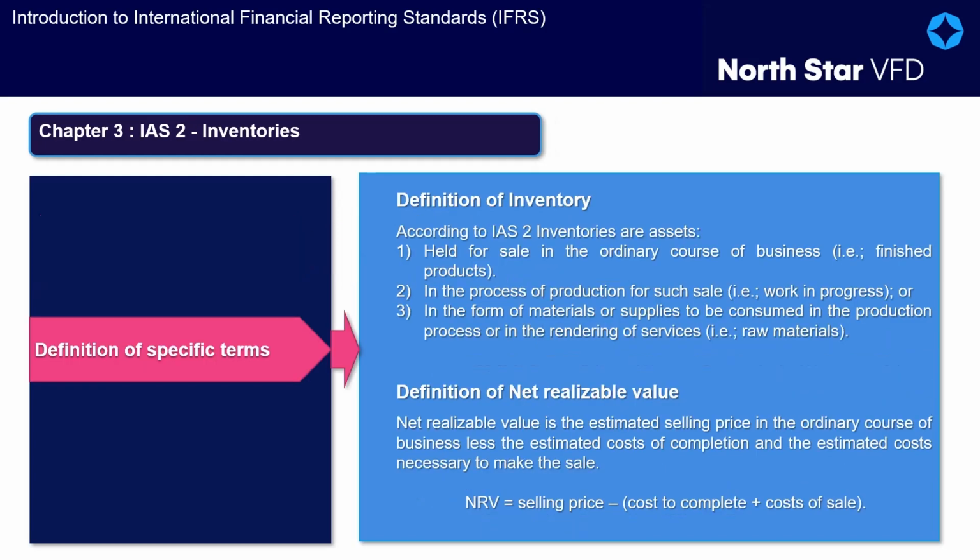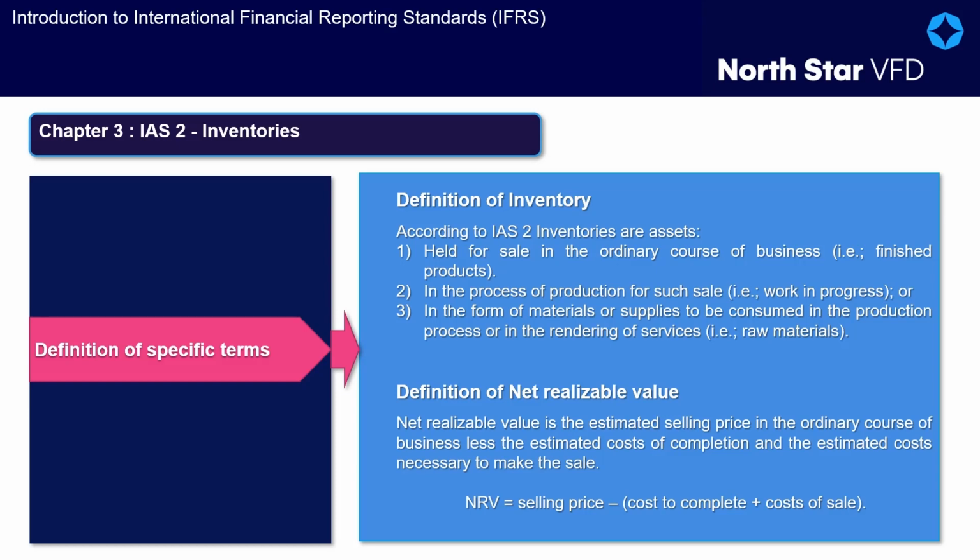Before proceeding to further details of IAS 2, let us look into some important definitions specified in IAS 2. Definition of inventories. According to IAS 2, inventories are assets 1. held for sale in the ordinary course of business, such as finished products; 2. in the process of production for such sale, work in progress; or 3. in the form of materials or supplies to be consumed in the production process or in the rendering of services, raw materials.